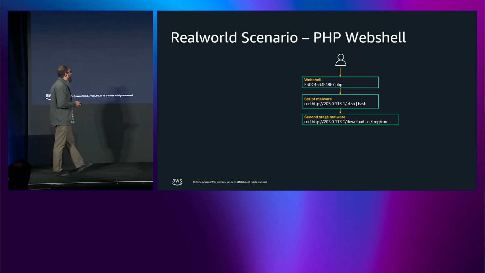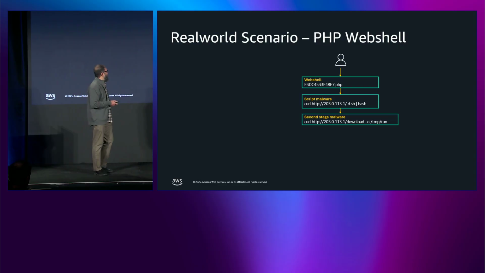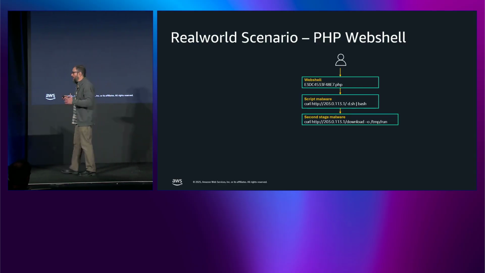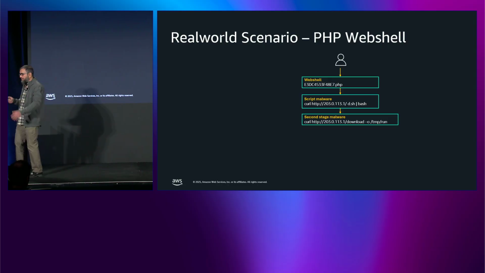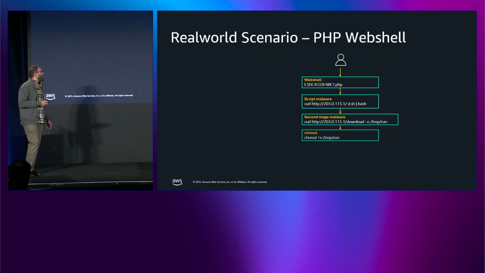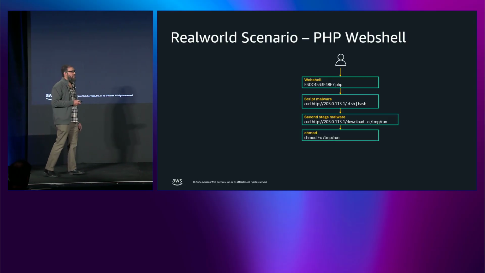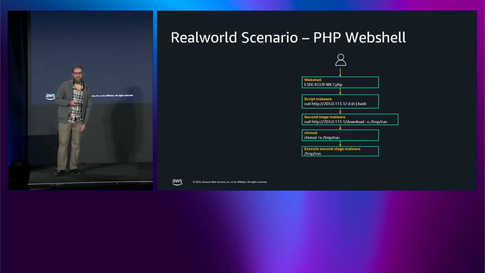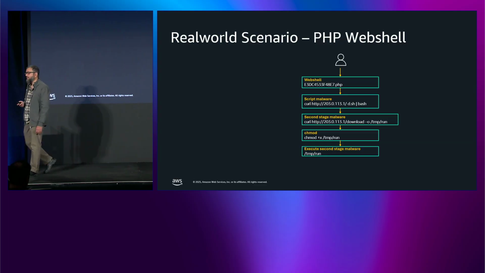Then the script malware is used to download a second stage malware, which could be a crypto miner or a DDoS malware or anything. Then, of course, they make the second stage malware executable using the chmod command. And then finally, they execute the second stage malware.